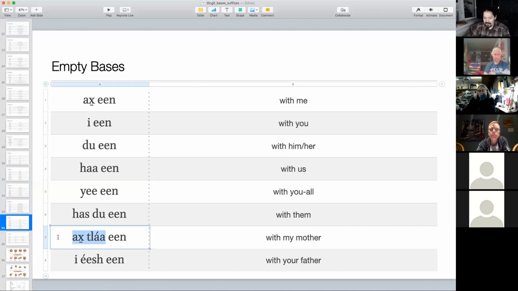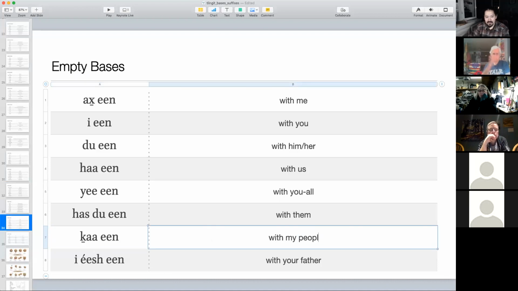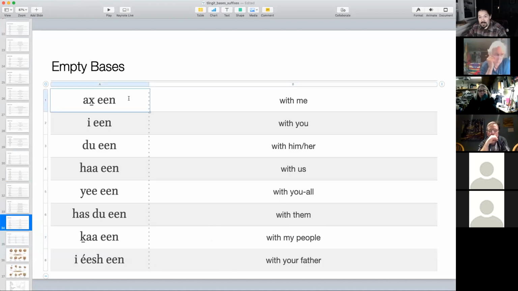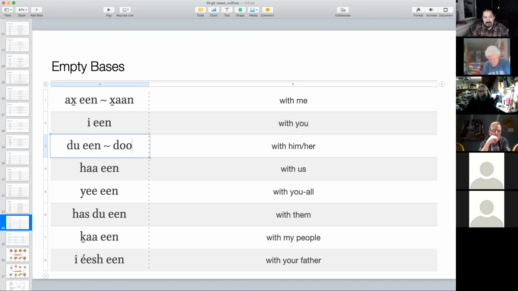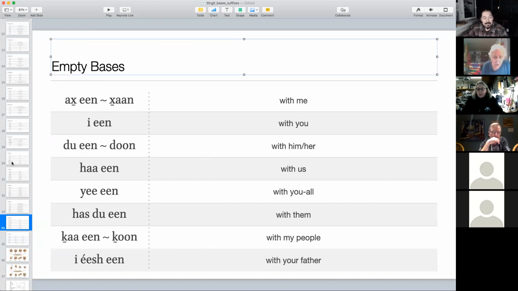So here's one that you have 3 potential contractions. Khan, pretty rare. Dune, just like that movie. And Poon. So here is one where you could have, but regularly you're going to have 2.